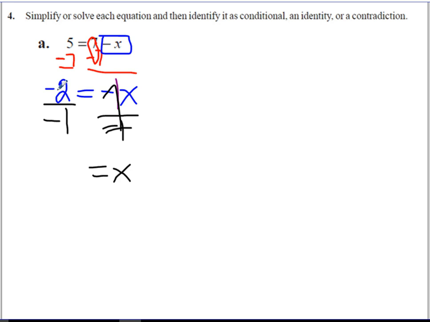But then on the left-hand side, we'll get negative 2 divided by negative 1, which is a positive 2. So we have one solution that works, x equals 2, and so that's our conditional. 2 is the only number that will give us a true statement for this question.